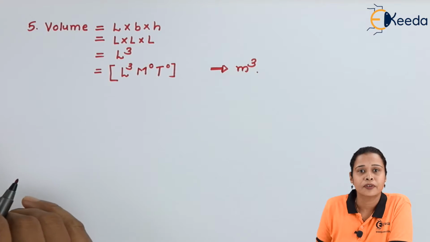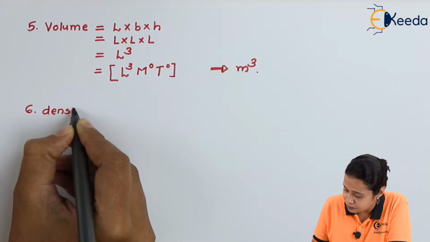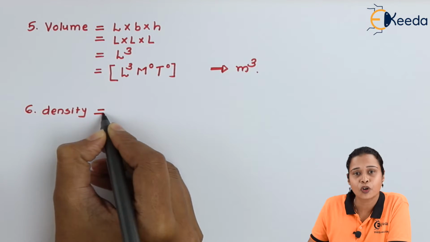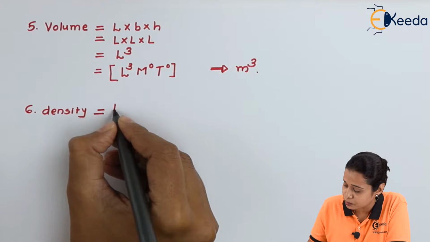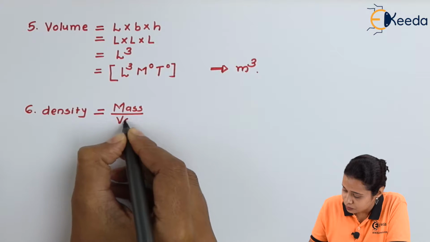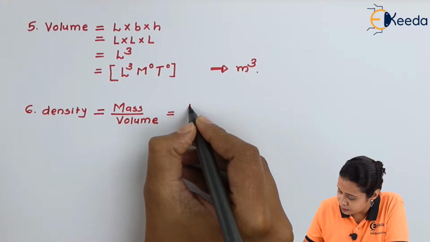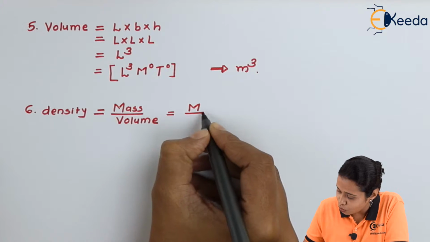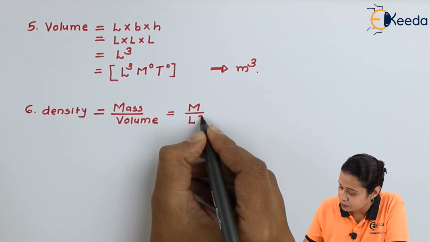Next physical quantity we will take, that is a density. We know what is the formula of density. Density is nothing but mass per unit volume. So we'll write down here mass, that is M, and volume, we can express volume in terms of L cube.